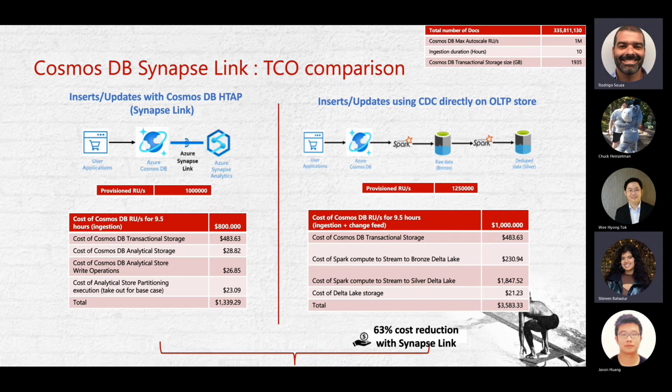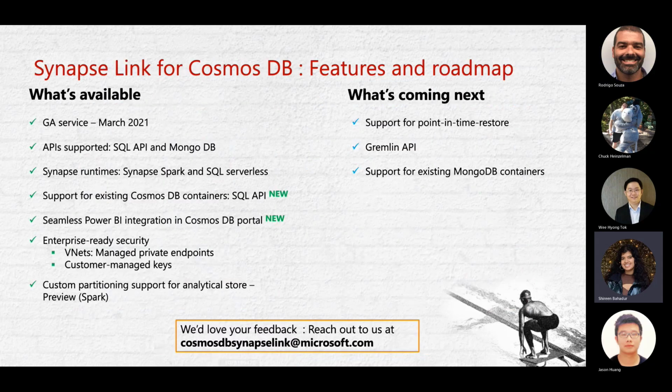Next slide. So what's available now? It's GA since March 2021. APIs supported: SQL API and MongoDB API. Runtimes: Synapse Spark and Synapse SQL serverless. Now we support existing containers. In the beginning, we only supported new containers.